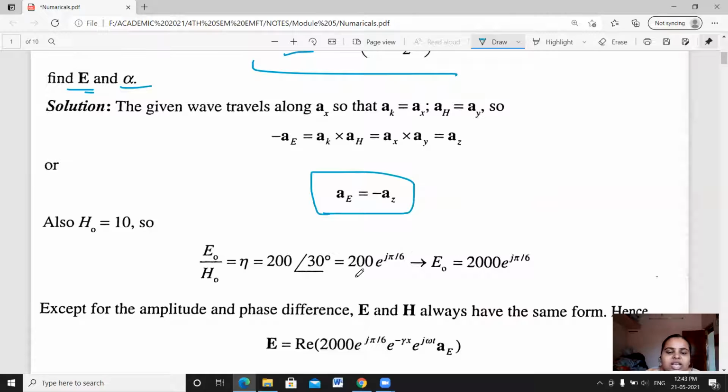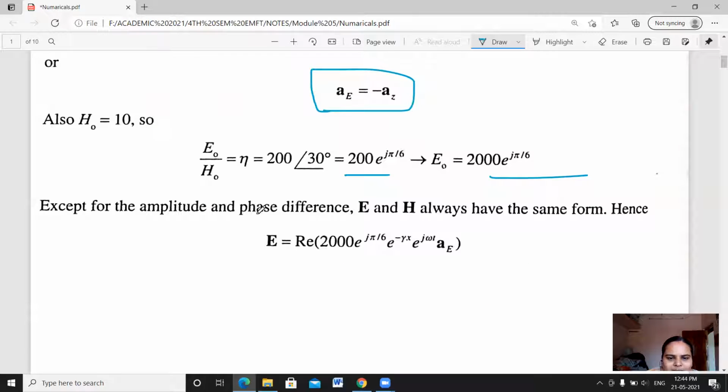This is the E naught value: H naught is 10, so 10 into 200 is 2000 e raised to j pi by 6.